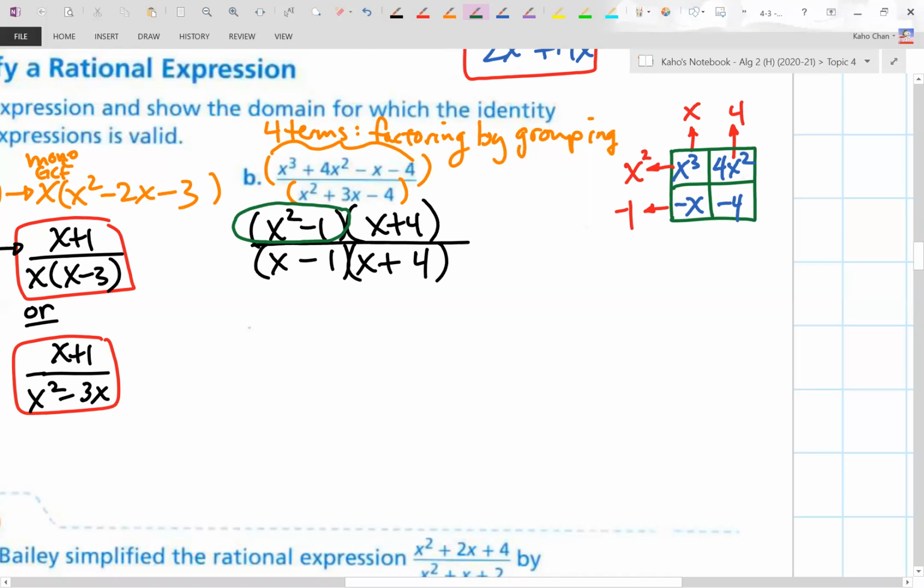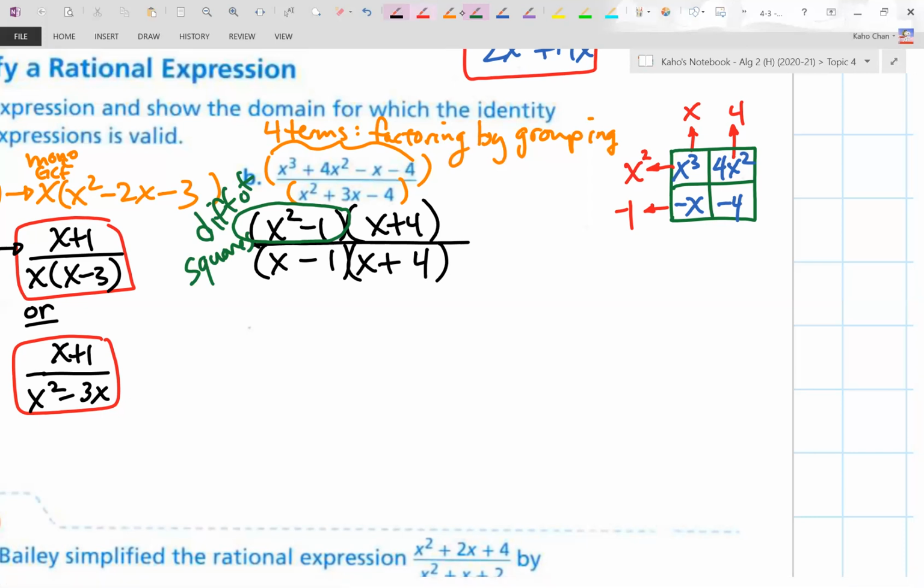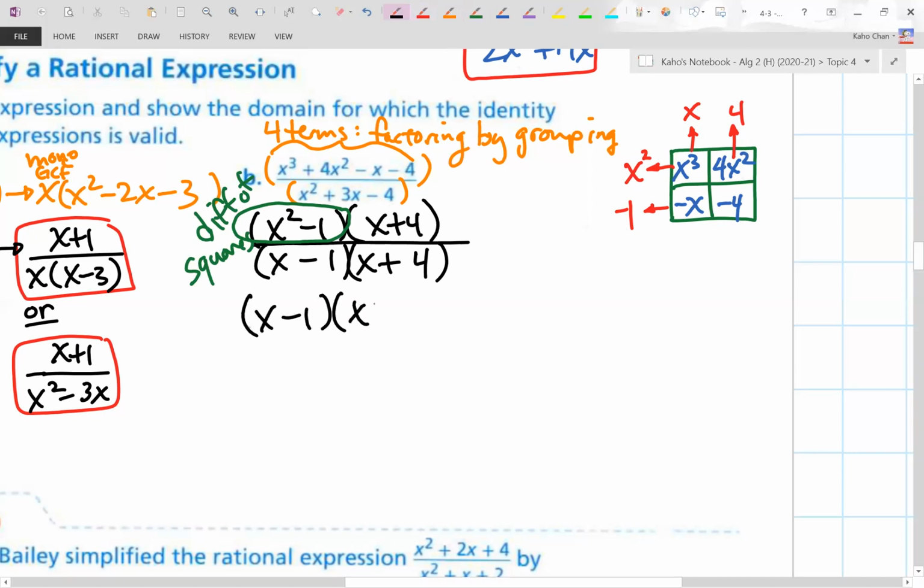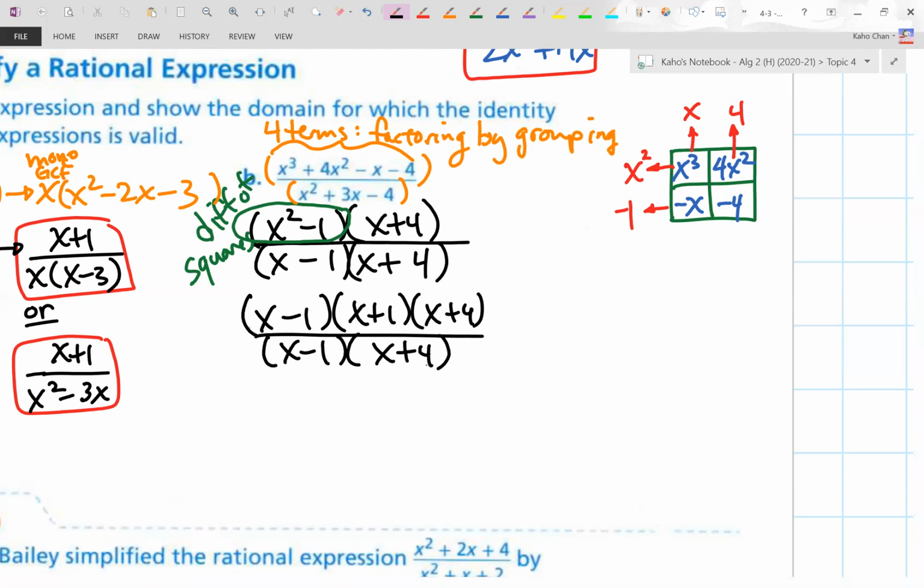And one of the factors from the factor by grouping situation produces a difference of squares. And that can be broken down further. Crazy. Wow. So that one can be broken down further as well. That one is x minus 1 times x plus 1. And let me bring everything else along for the ride. Wow. These can be uncovered and surprises will get to you.